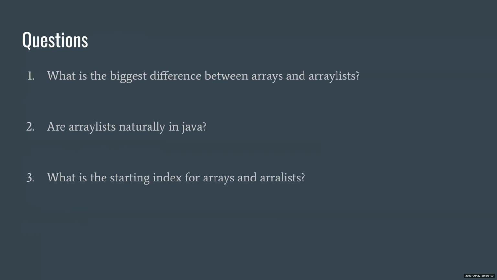So we have some questions here. First one, what is the biggest difference between arrays and array lists? They have many differences, but I'm looking for the hugest difference, or at least the first difference I mentioned.